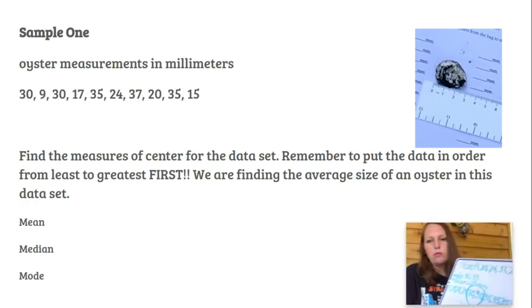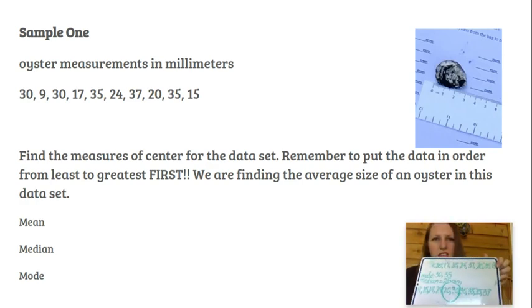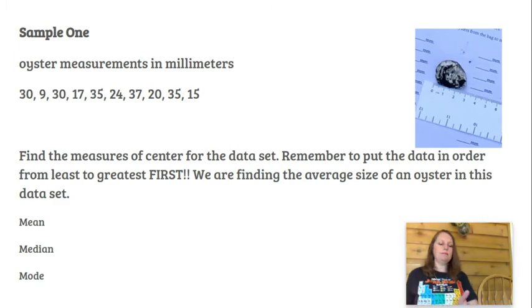Okay, last one is the mean. The mean is tough. You have to add them all up and divide by the total number in your data set. So we had 10 measurements here, which means that we're going to divide by 10 after we add them all up. Grabbing my calculator, a lot of numbers here. I'm going to do this more than once just to make sure.